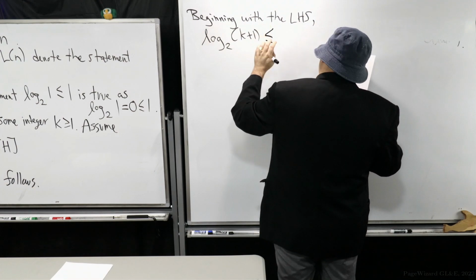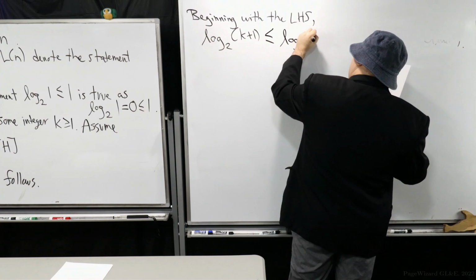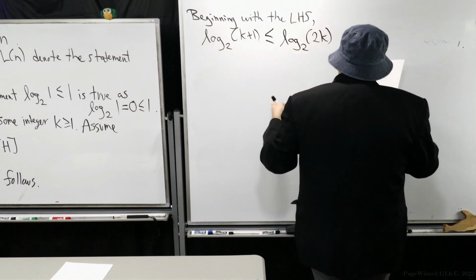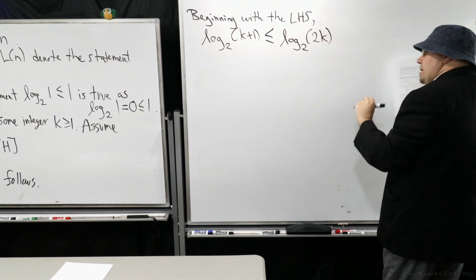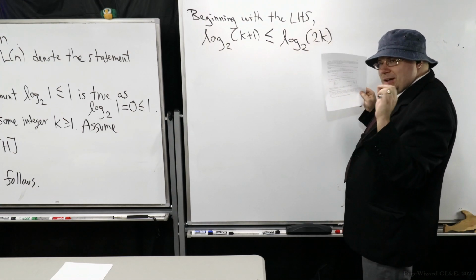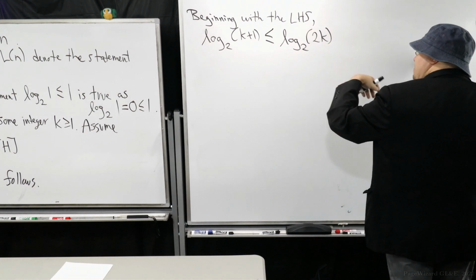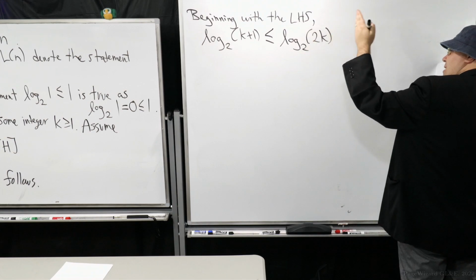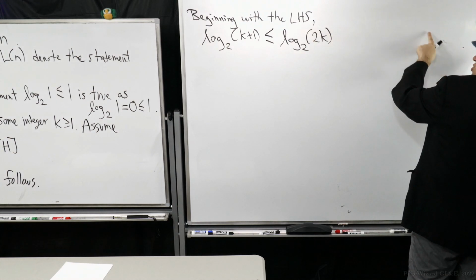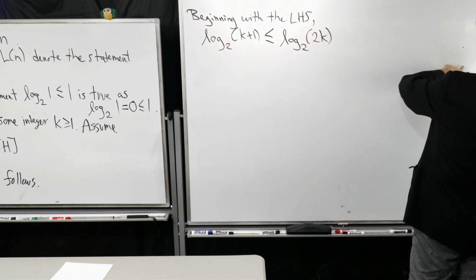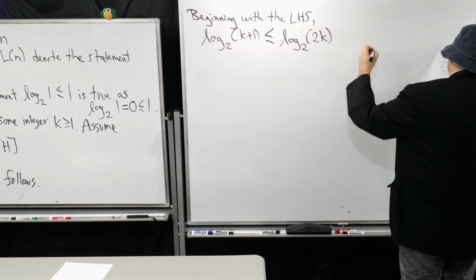My claim is that this is less than or equal to log base 2 of 2k. If you're not convinced, let's work it out on the side. Because logarithms are increasing functions, I just have to compare the inputs. I have to show that k plus 1 is less than or equal to 2k. If I can do that, then log base 2 of k plus 1 has to be less than or equal to log base 2 of 2k.